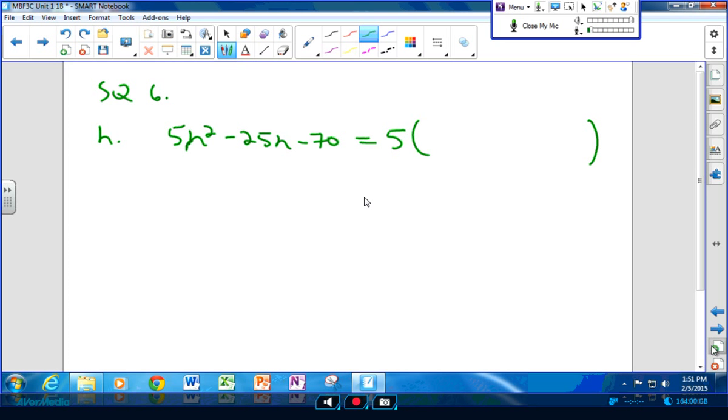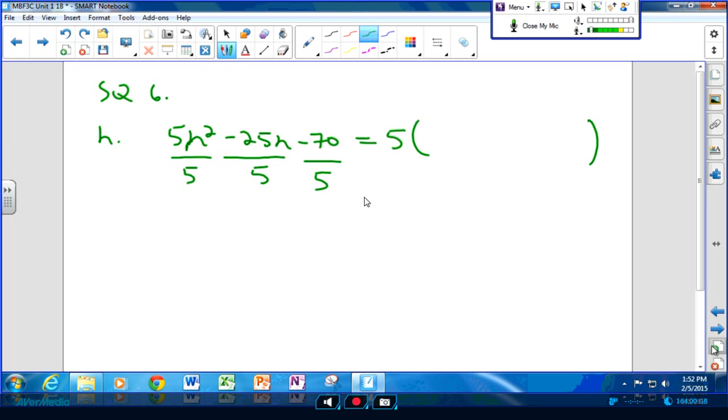And I want to do that because I want to be able to get rid of this 5 here, right? I want to be able to get rid of the 5 in front of the n. Okay. So this is called factoring, and basically what we're going to do is divide all of our terms here by 5 on the left side.